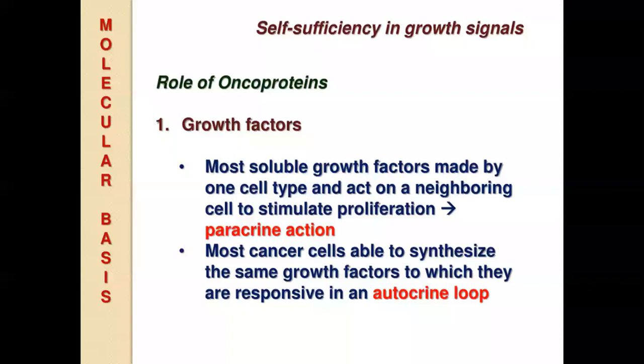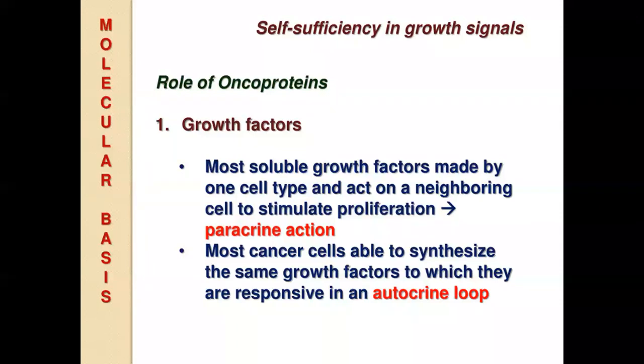यानी यहाँ पे वो synthesize होता है, वो वहाँ पे action नहीं देता है, वो किसी और cell पे action देता है, and to stimulate its proliferation. उसके बाद तक क्या?